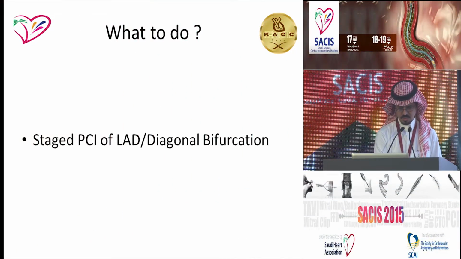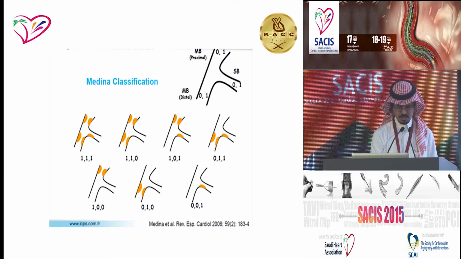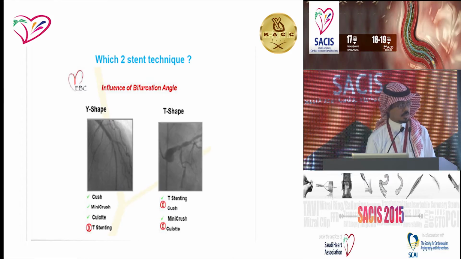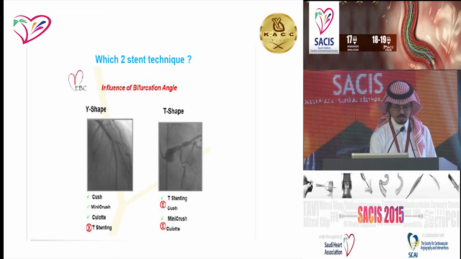The plan was staging of his LAD diagonal bifurcation, and he fits in the category of Medina classification 1,1,1. If you think about it, it's typically Y-shaped, and the way of treating the bifurcation in this patient, he can fit either a crush, mini crush, or culotte, and that was in 2002.